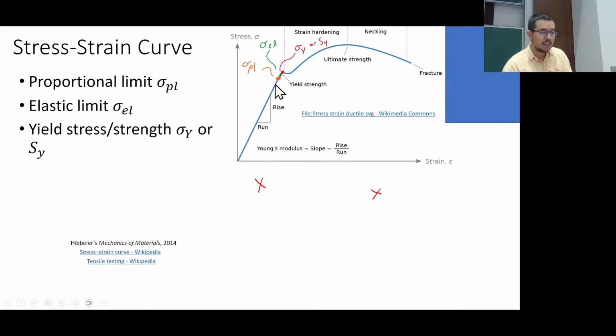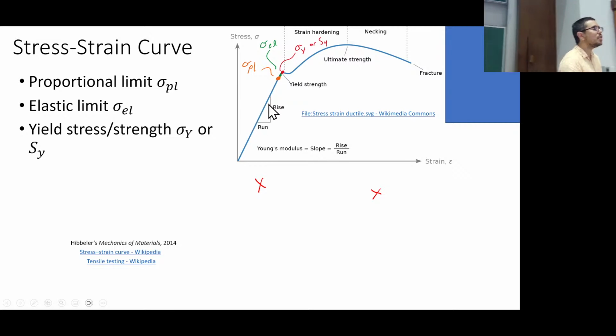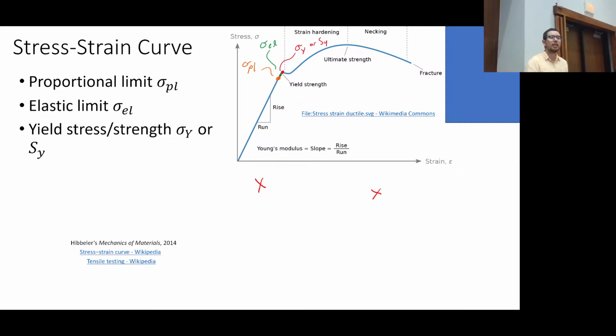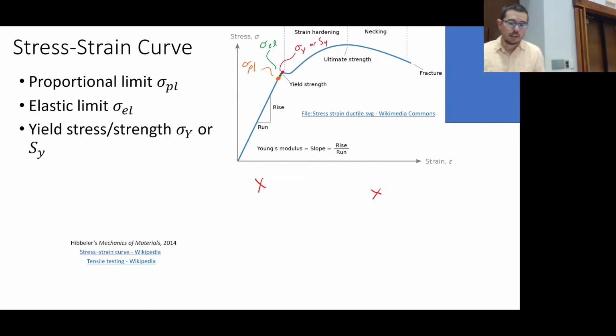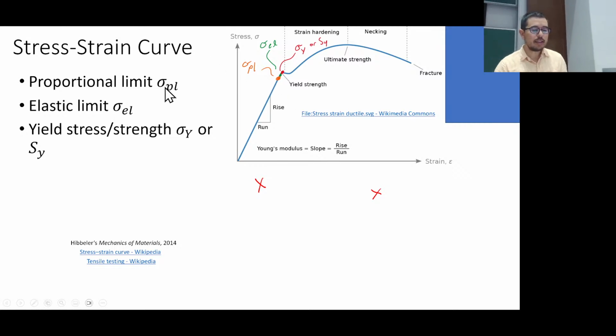We've been using spring constants to describe these materials. Spring constants are associated with a linear behavior, and voila, there's a linear behavior up to a certain point. Technically, we call that the proportional limit.